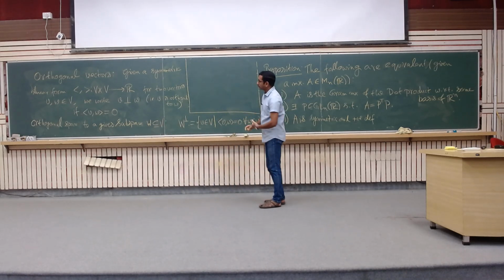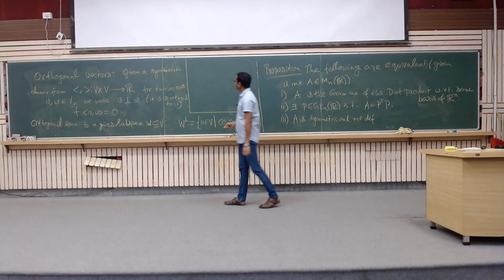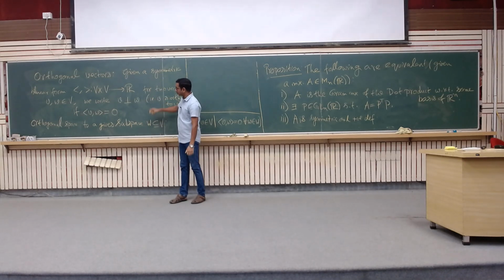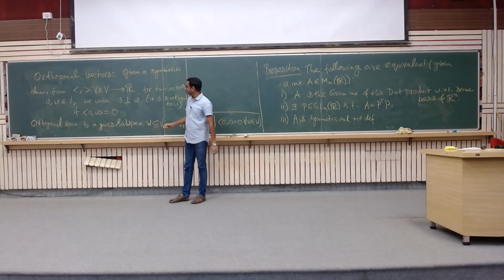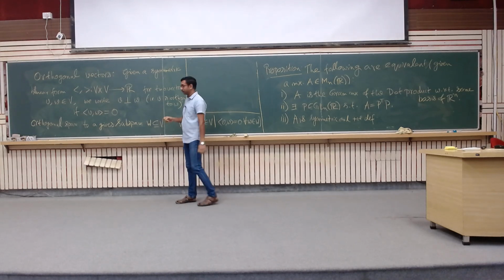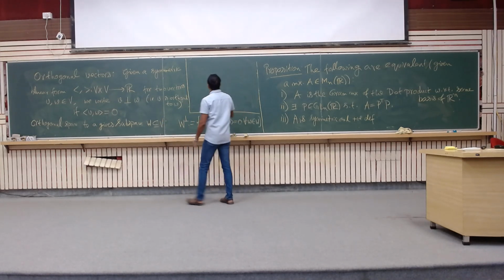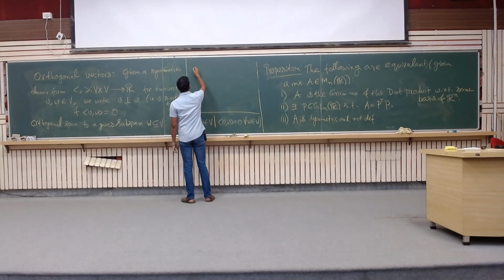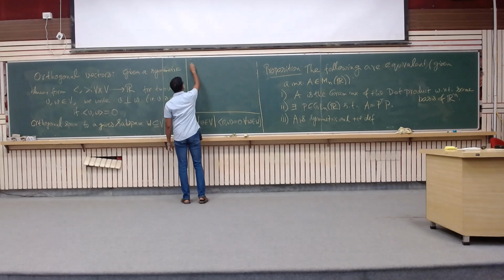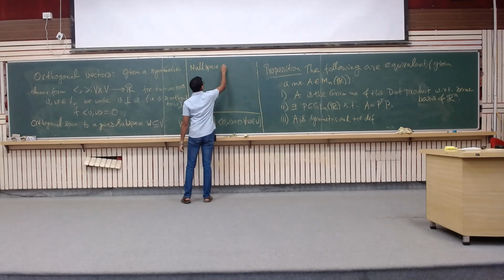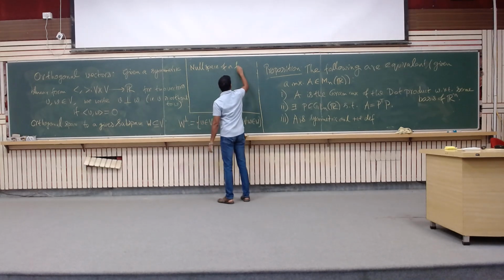Once we have defined orthogonal space, both the notion of orthogonal vectors and orthogonal space could be generalized to Hermitian forms, which we will see later. And then we define null space. Null space of a form.